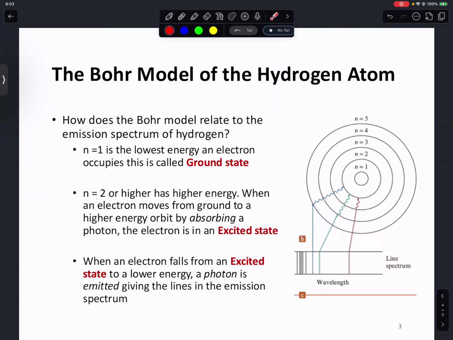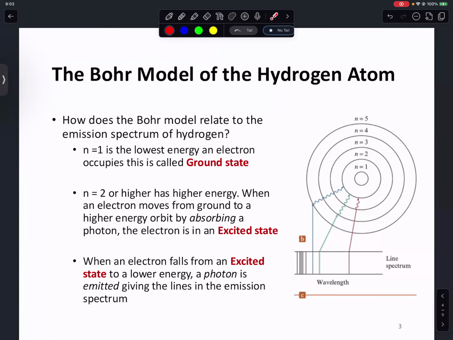Now, when the electron goes from the excited state back to a lower energy level, it emits a photon. And through the emission of a photon, you can see right here, it's going back to the ground state.